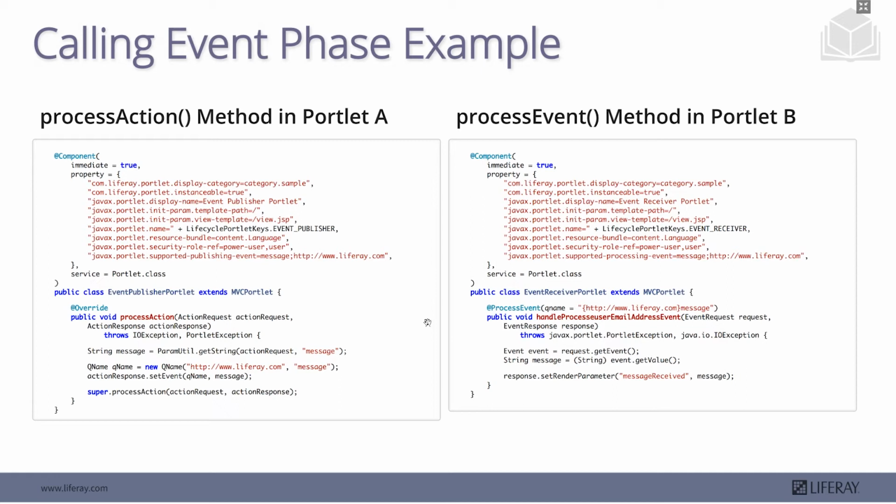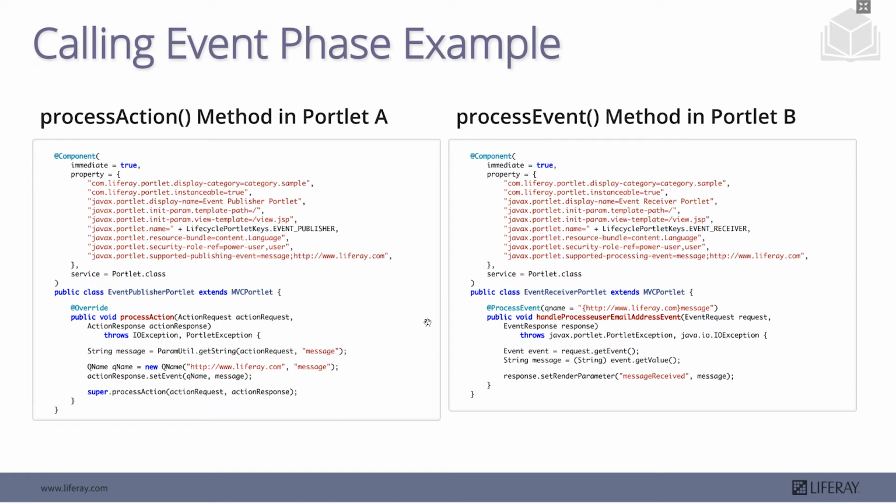Over on portlet B on the right-hand side, we see at the last line of the property element that portlet B is the one responsible for processing the event www.liferay.com.